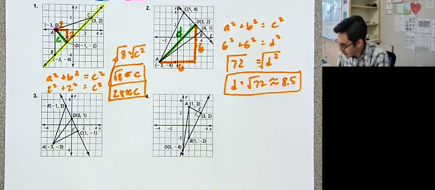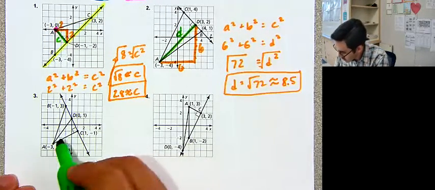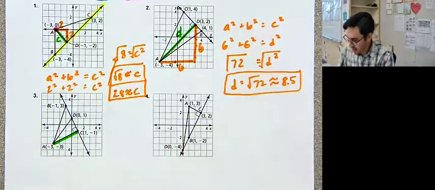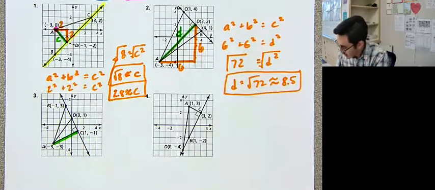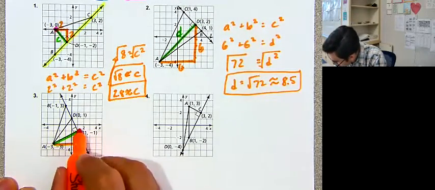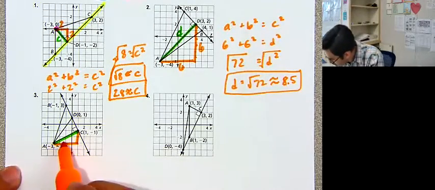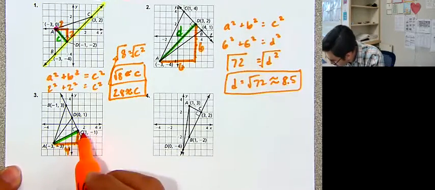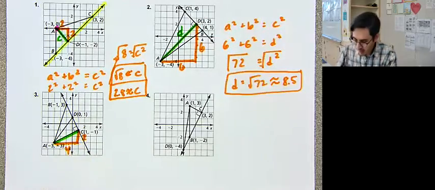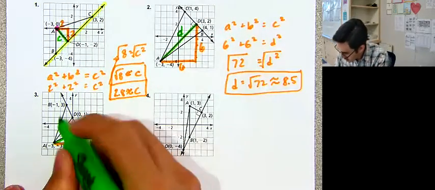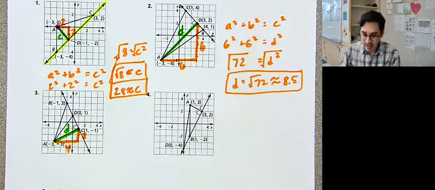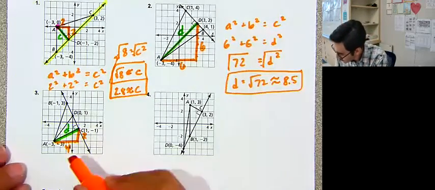Okay, problem number 3. The distance is going to be the shortest distance, which is the perpendicular segment. Then we'll go ahead and use good old Pythagorean theorem. It's 1, 2, 3, 4 units horizontally and 2 units vertically. Let's label the green segment as D, since it represents the shortest distance between the point and the line.